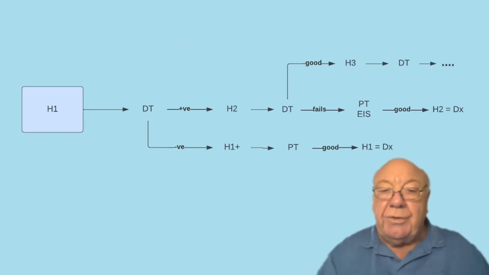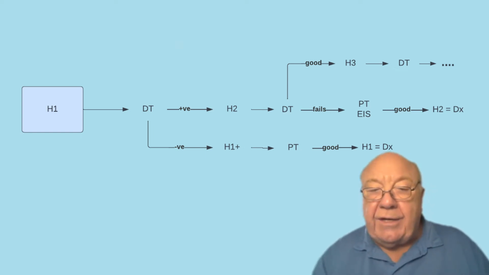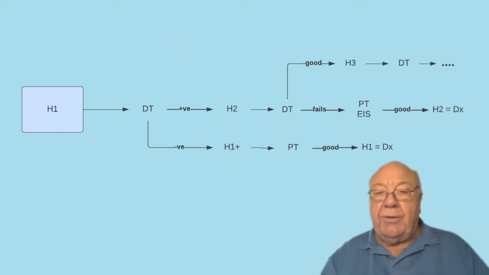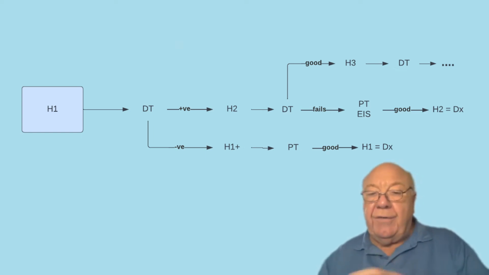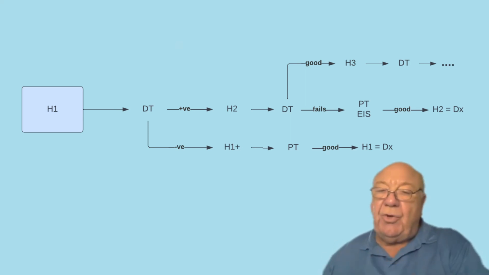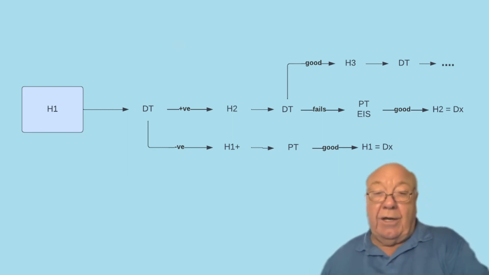If the original disproving test is negative, then basically it fails to disprove the hypothesis. We go to H1 is stronger again, and now we do our proving tests. If these are good, then you can move on to H1 being the diagnosis. So instead of going through the whole EIS, even if the disproving test said it's impossible, there's no point in doing the EIS.